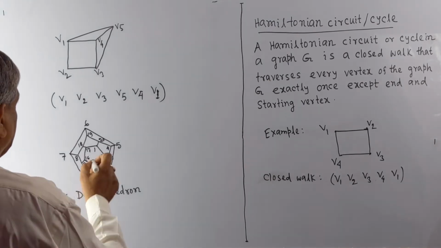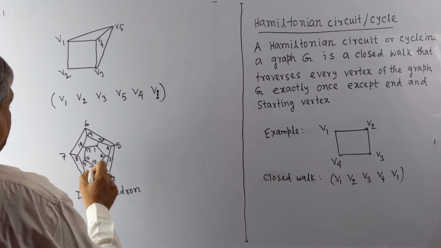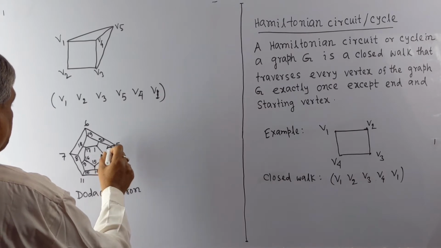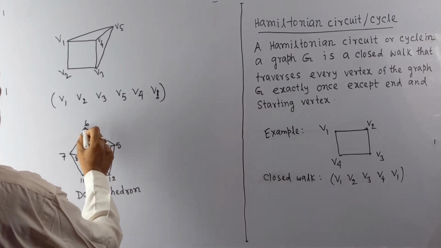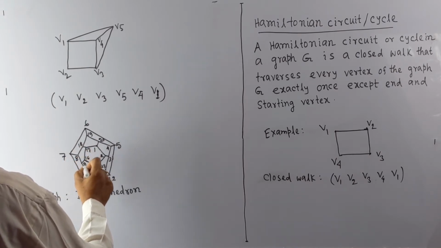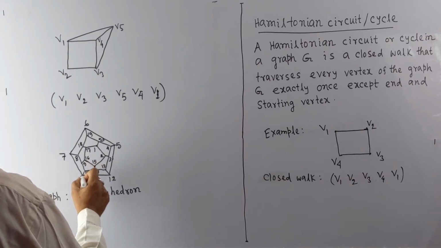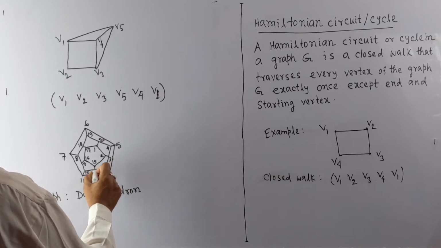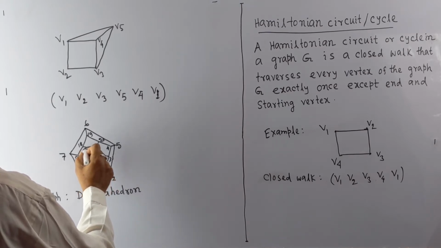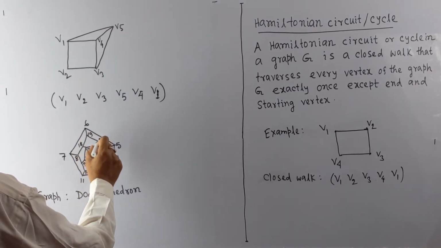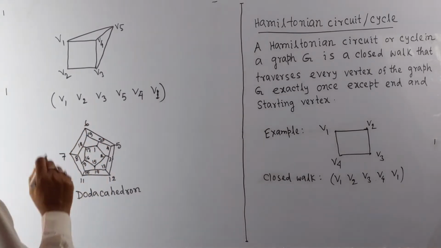Here we start from this vertex 1, then vertex 2, then vertex 3, then vertex 4, then vertex 5, then vertex 6, then vertex 7, then vertex 8, then vertex 9, then vertex 10, then vertex 11, then vertex 12, then vertex 13, then vertex 14, then vertex 15, then vertex 16, then vertex 17, then vertex 18, then vertex 19, then vertex 20, then vertex 1.